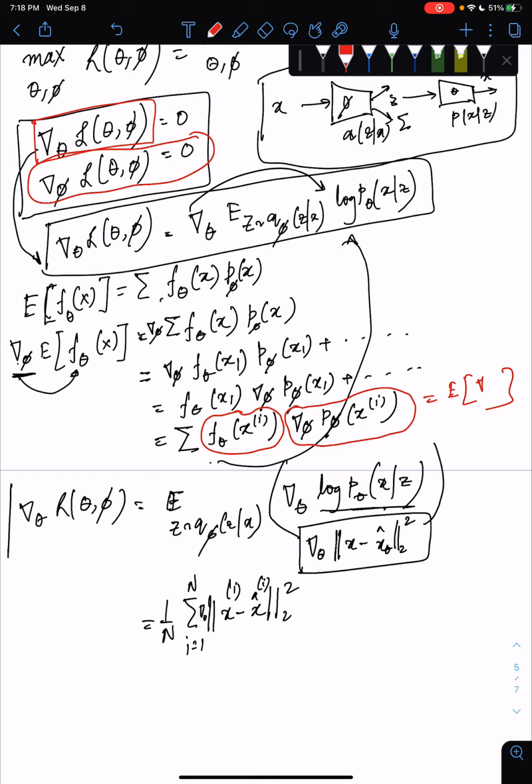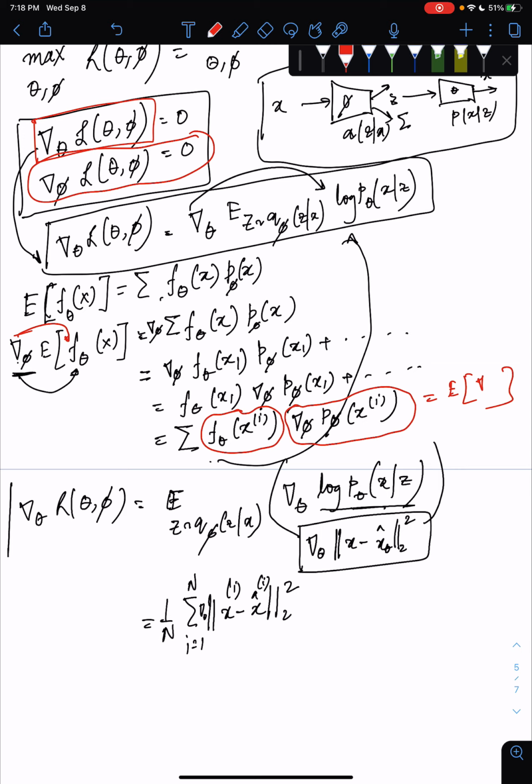So the bottom line is that we cannot push the gradient inside. Again, if we started from this, f is parameterized by theta, and this is the probability distribution, and we are taking the gradient with respect to the parameters by which this probability distribution is parameterized.